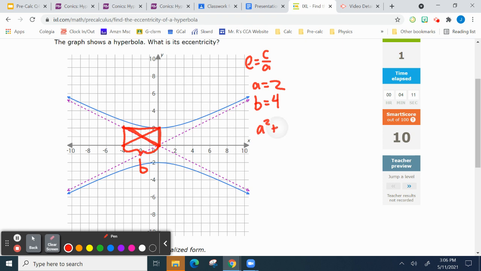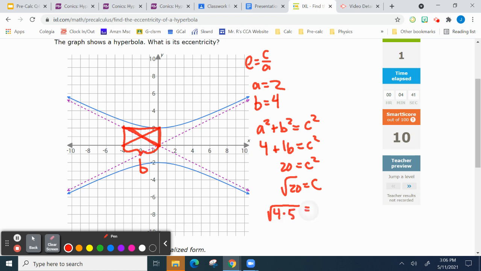A squared plus B squared equals C squared. So 2 squared is 4, plus 4 squared is 16, equals C squared. So 20 equals C squared, and the square root of 20 equals C. Can we reduce that? Yes, we can. You'll get all sorts of chances to reduce things, because that's 4 times 5.